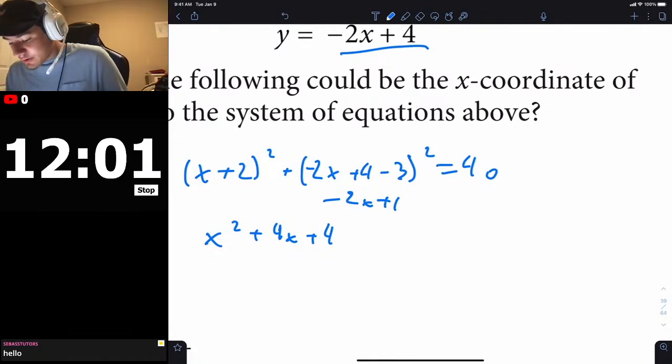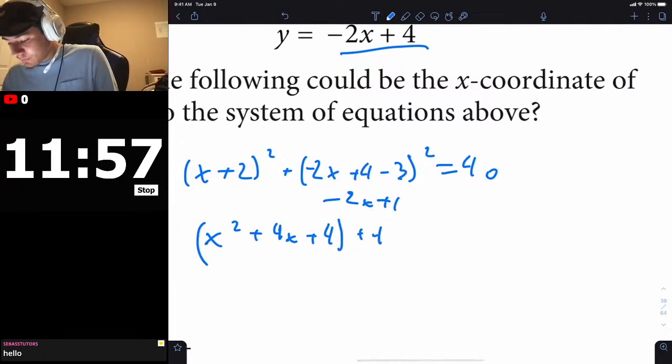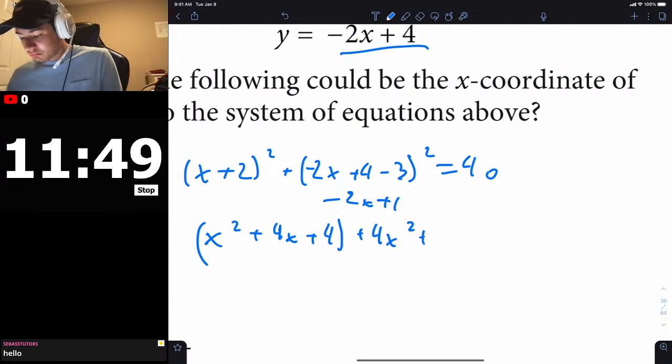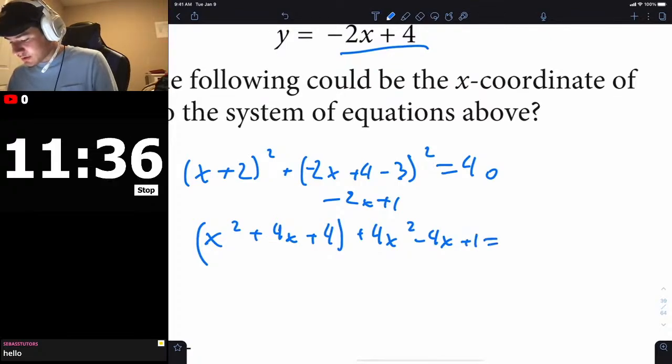So we can close this off with some parentheses, and we're going to add 4x squared, and then minus 4x, and then plus 1, and then that's going to equal 40.